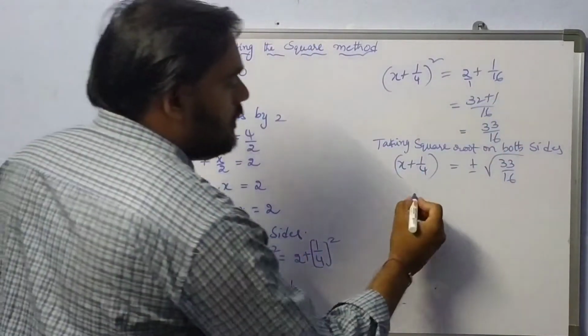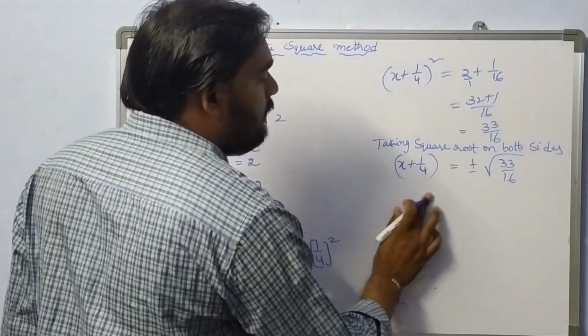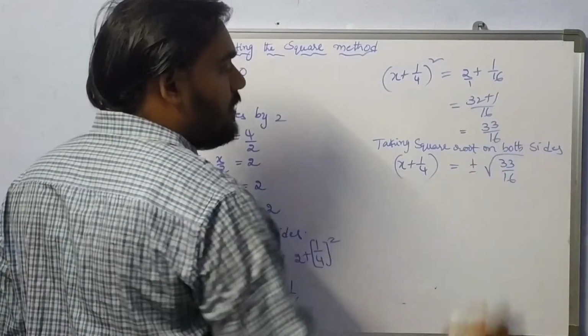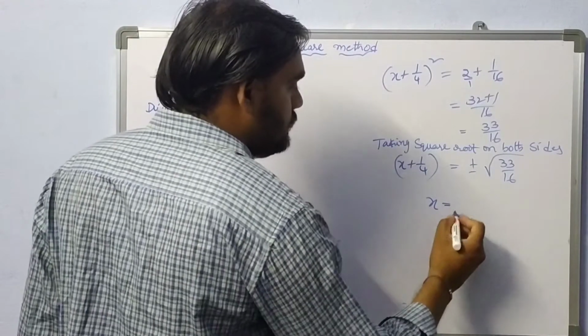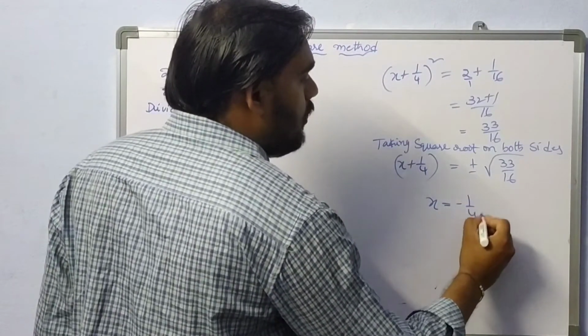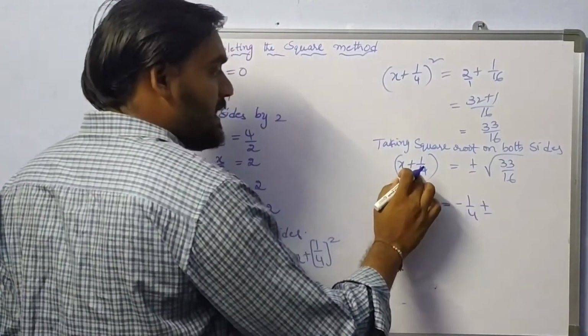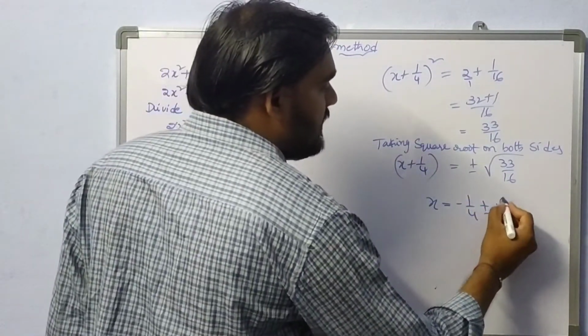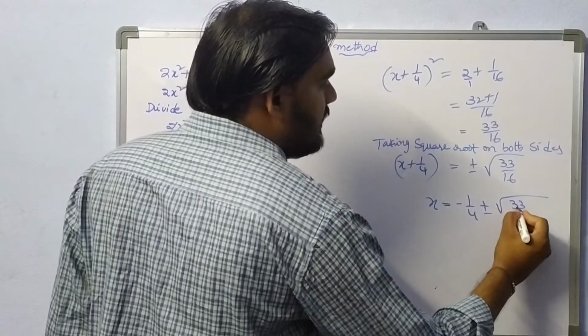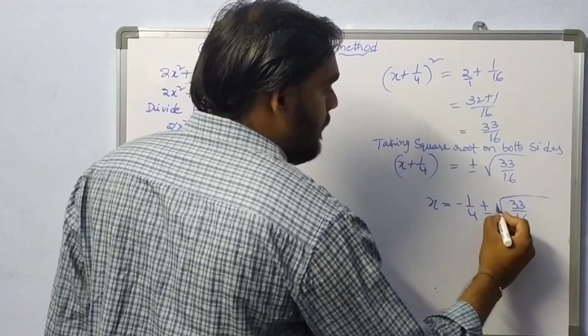At that time, x plus 1 by 4 is equal to plus or minus square root of 33 by 16. So x is equal to minus 1 by 4 plus or minus square root of 33 by 16.